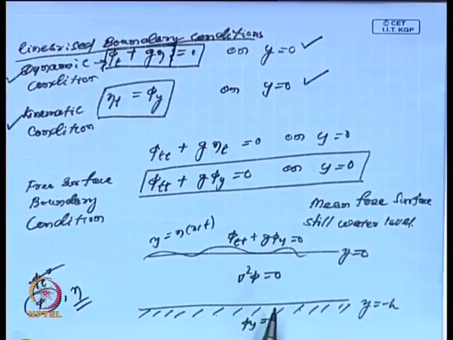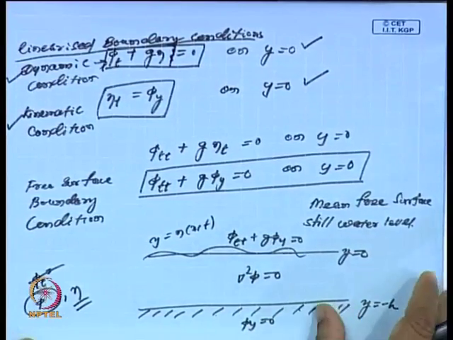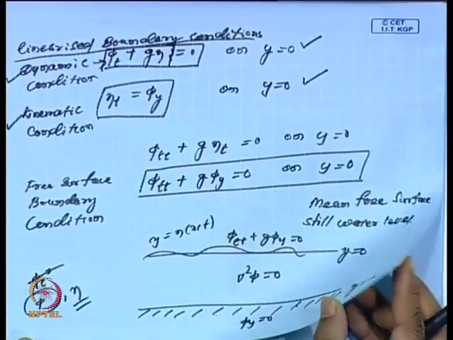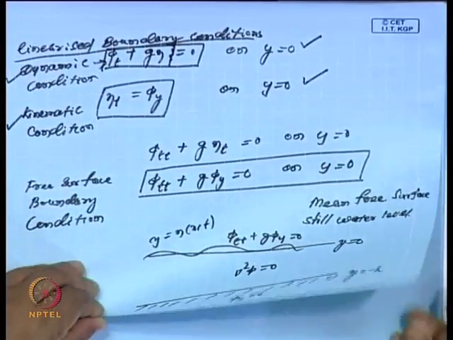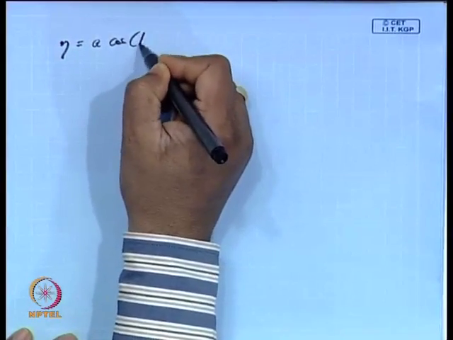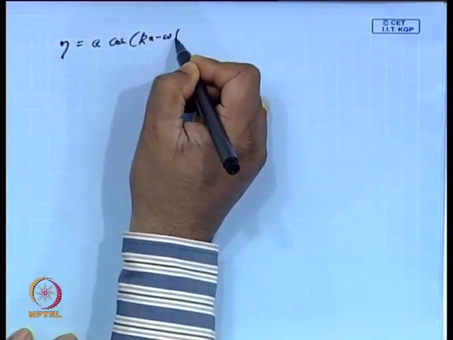Now, coming back to the second part of the problem. Suppose I know eta, can I know phi? Today we will just look at it, because suppose I take a simple problem. Suppose I have been given eta equals a cos(kx minus omega t).